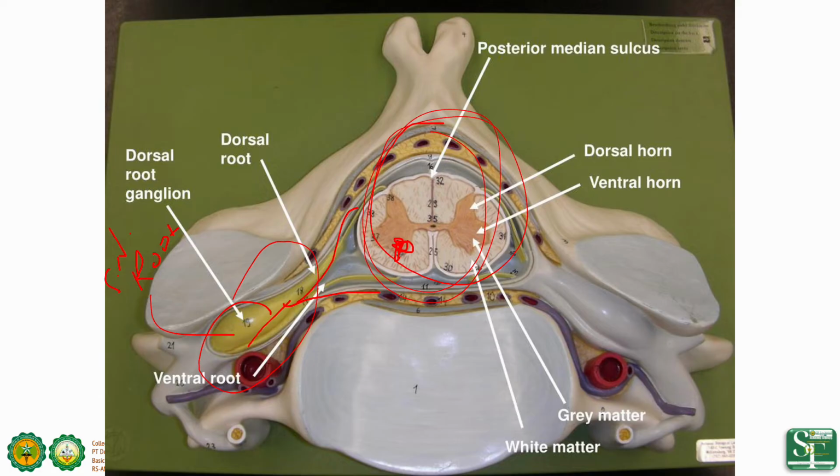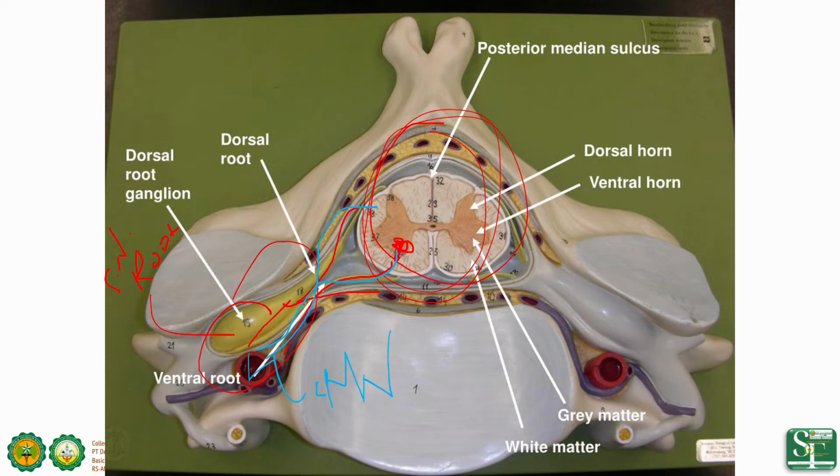Okay? Beyond the anterior horn cells, their classification becomes lower motor neuron. So everything that passes through here, let's change the color, everything that passes through here, even here, is part of the lower motor neuron classification.